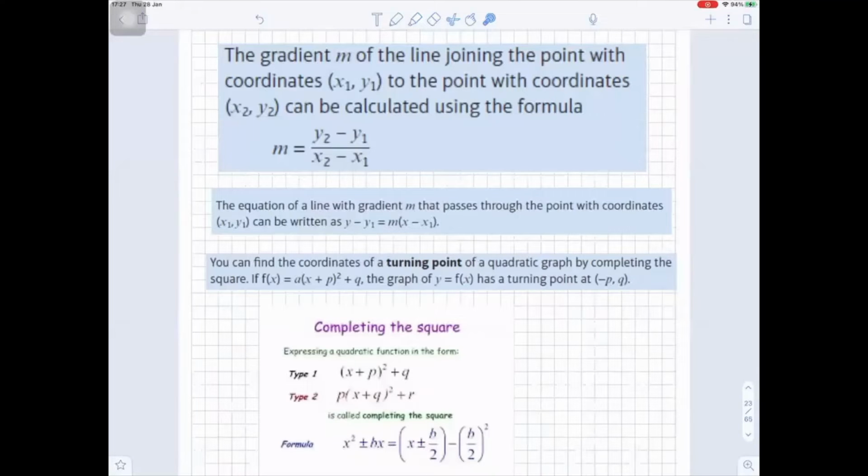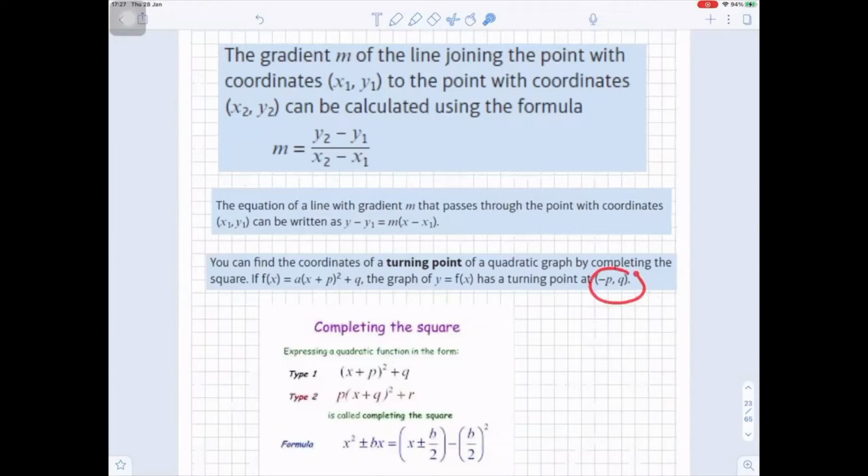To solve this question, we're going to use this formula. The gradient of a line joining the point with coordinates x1, y1 and x2, y2 is given by that formula. We're going to use that. And we're also going to use this formula, y minus y1 equals m bracket x minus x1. And we're also going to use this one, f of x equals a bracket x plus p all squared plus q, and the turning point is minus p, q.